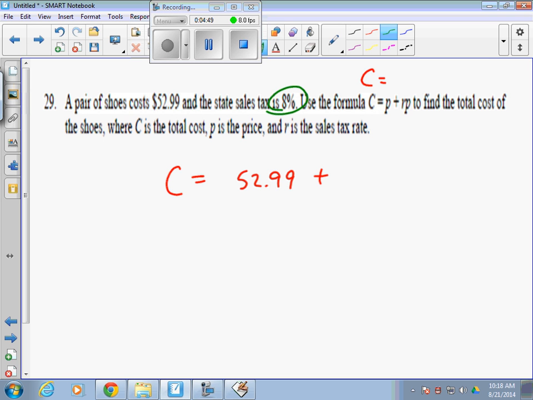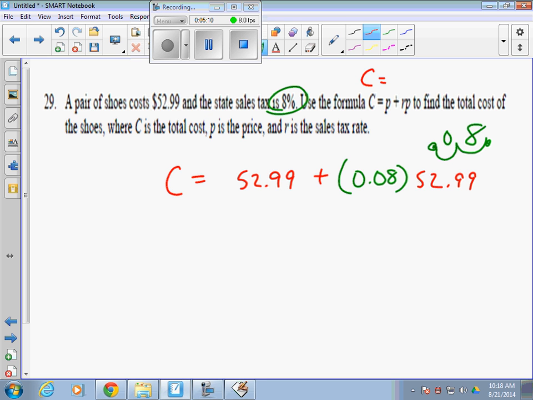Remember, anytime you multiply by a percentage, you have to move the decimal over 1 time, 2 times, and it becomes 0.08. That's your rate, times the 52.99. So you do 52.99 times the rate of 0.08.